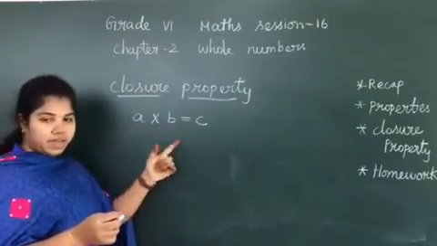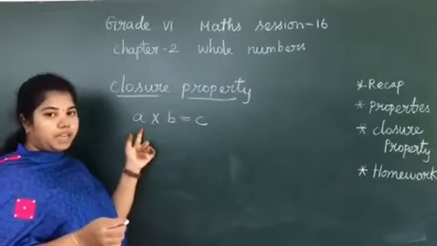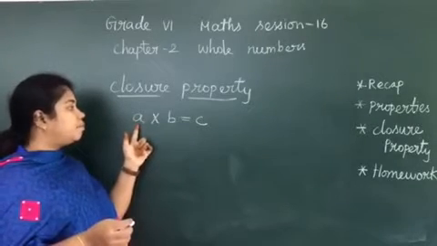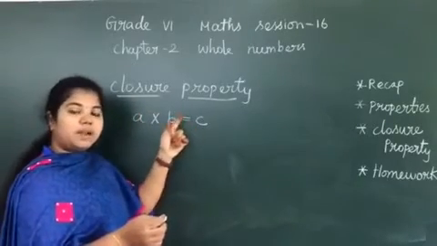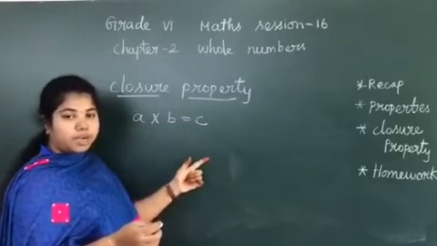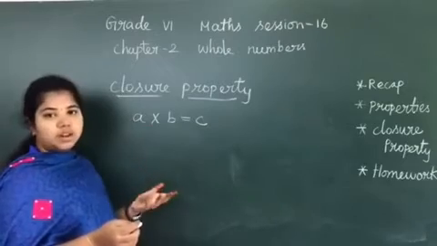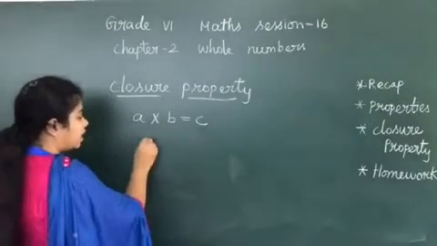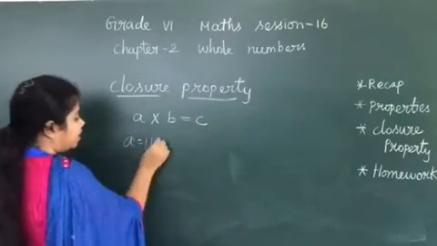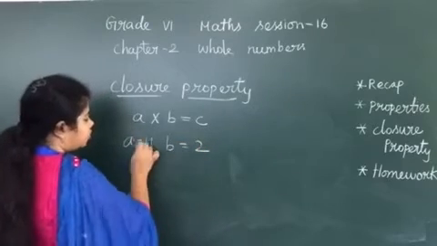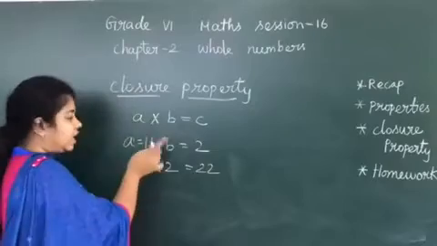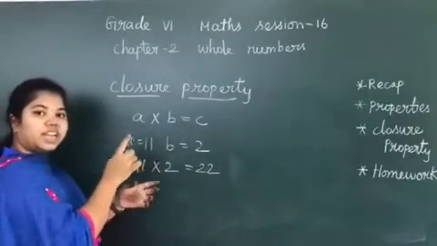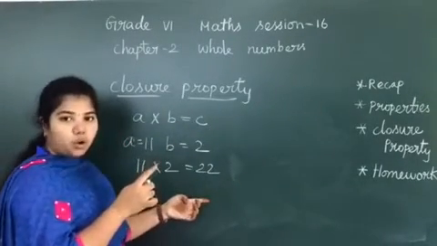A, B, C are variables. If the product of two numbers is a whole number, then multiplication is satisfied under closure property. If it is not a whole number, it is not satisfied under closure property. Okay, let us take A is equal to 11, B is equal to 2. So 11 into 2 is equal to 22. Yes, even if I interchange, I get a positive number, which means a whole number only.